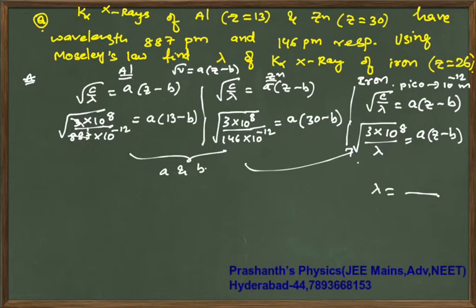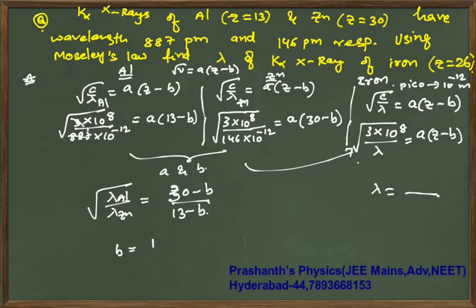So root C will cancel off. Lambda of aluminium, lambda of zinc, if you divide, A will cancel off. So you are going to get root of lambda of aluminium by lambda of zinc equal to (30 minus B) by (13 minus B). From here your B value is around 1.4.